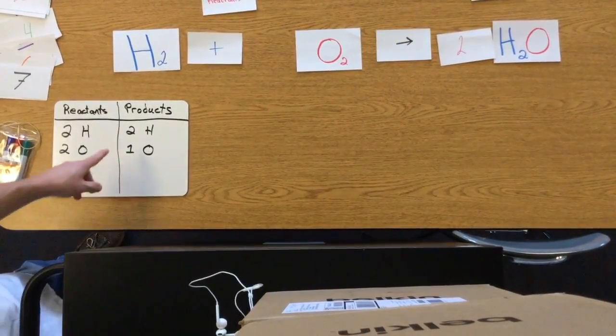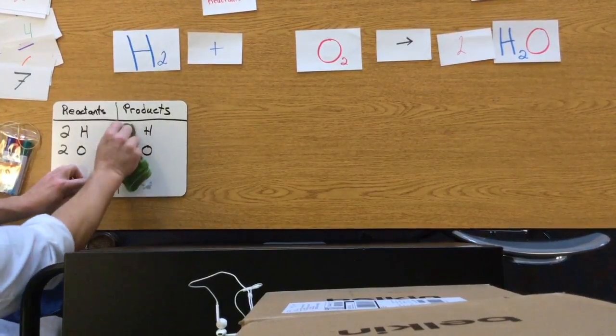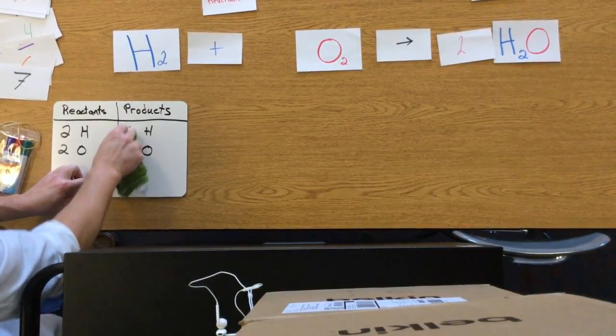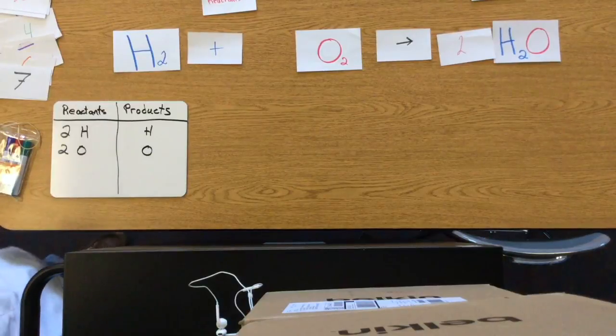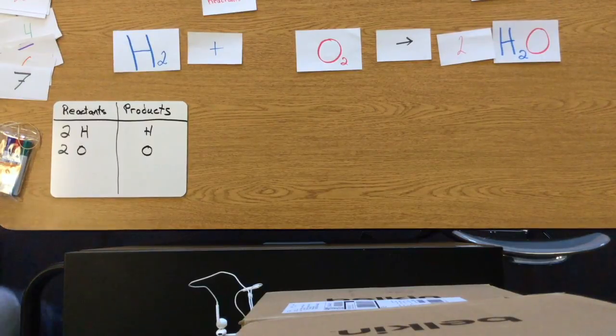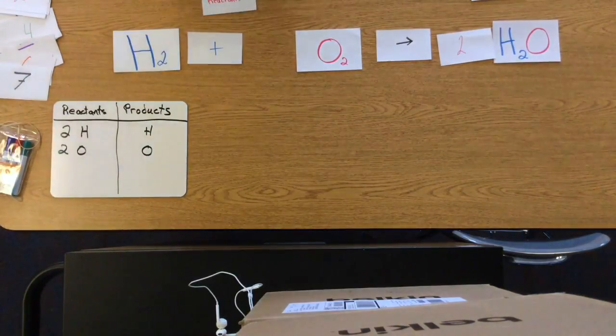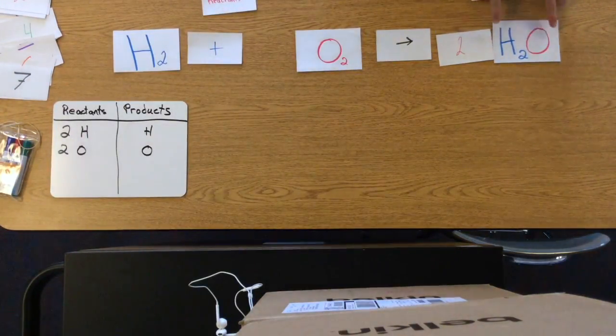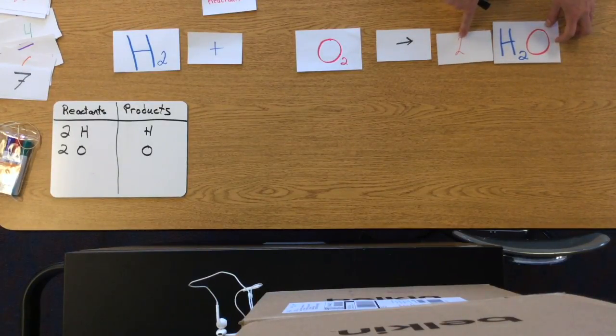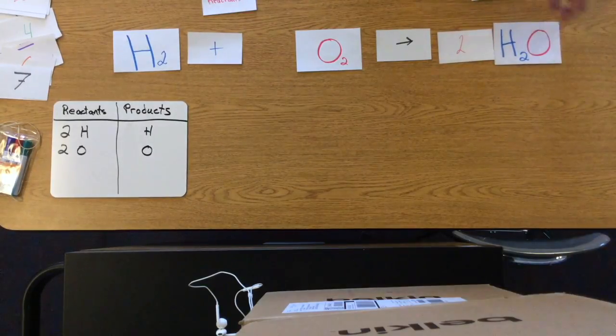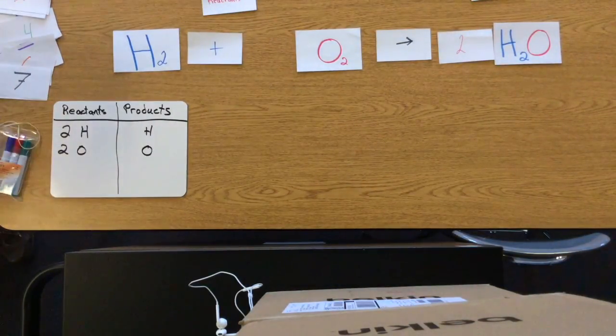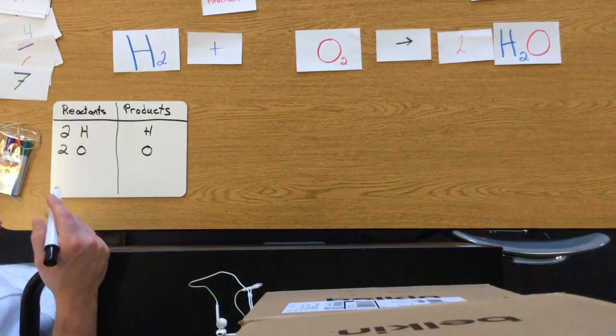And now over here on my notes, I'm going to change the number of each atom of each element. When you put the coefficient 2 in front of H2O, the 2 has to distribute over the hydrogen and the oxygen. Let me show you exactly what I mean by that.